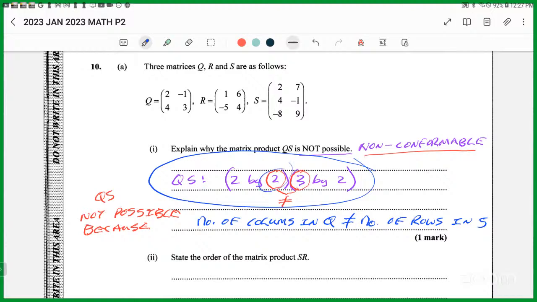This is the number of columns in Q, that's the number of rows in S. They are not equal. Then this one says, state the order of the matrix product SR.